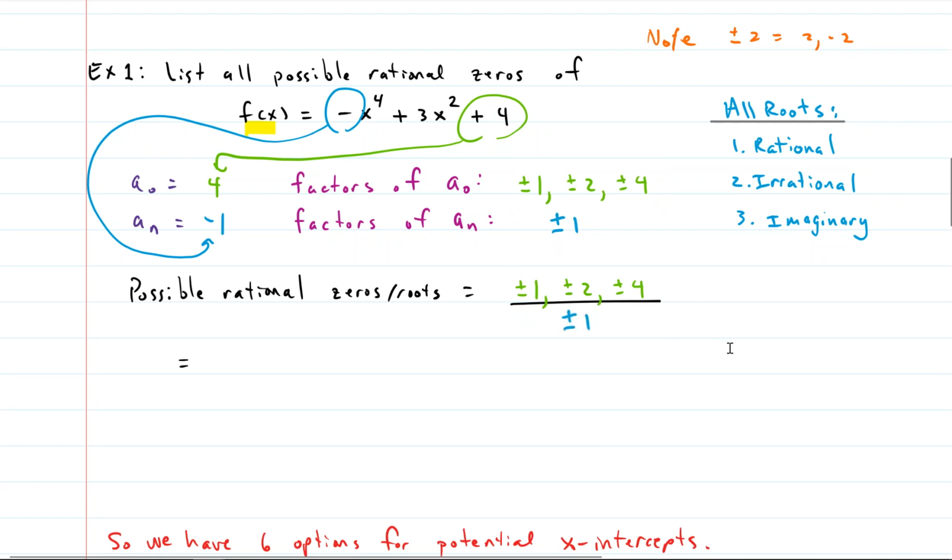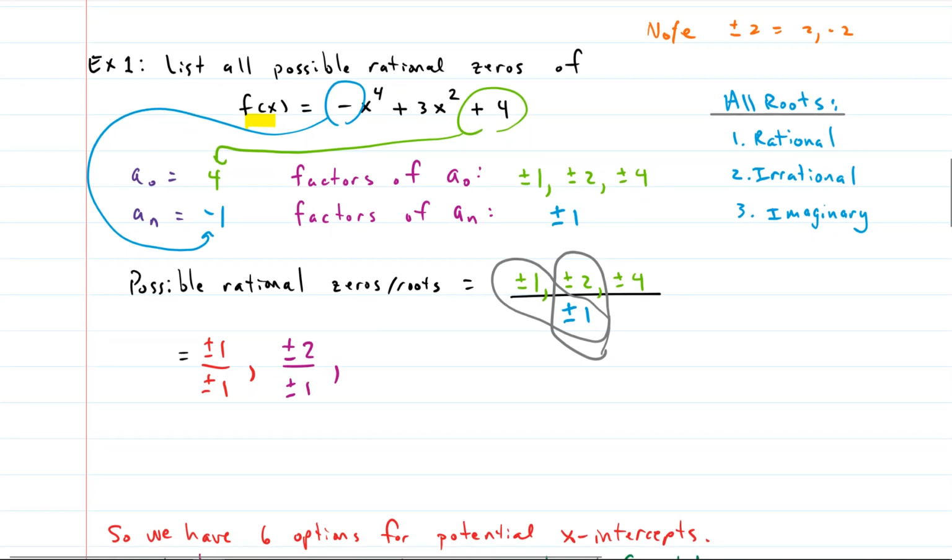So after looking at this, we have to take these each one at a time now. So we have plus or minus 1 over plus or minus 1. Let's write that out. Plus or minus 1 divided by plus or minus 1. And what else do we have? Our next one is plus or minus 2 over plus or minus 1.